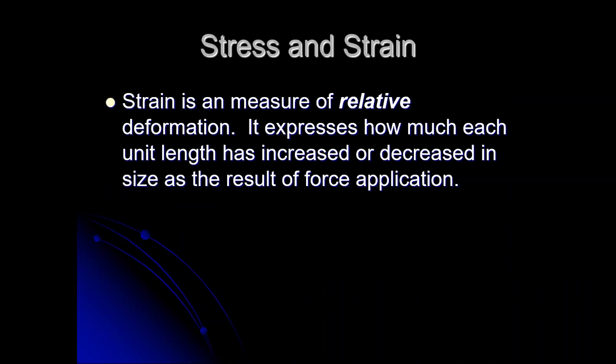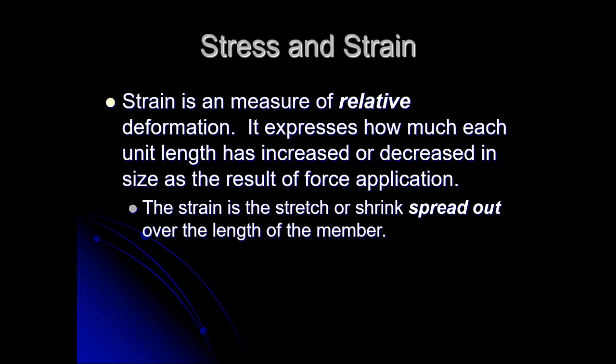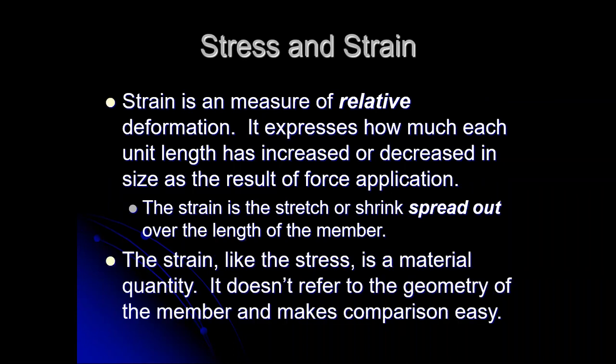So we squeeze on something, it shrinks. If we spread that amount of shrink out over the entire length, we have the strain. If we pull on something, it stretches. If we spread that stretch out over the entire length, we get our strain. Strain is how much the material itself increases or decreases in length. So it's the stretch or the shrink spread out over the length of that member.